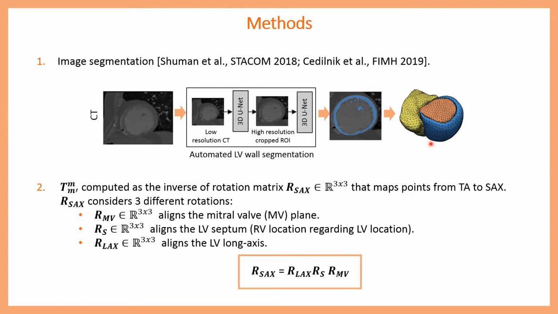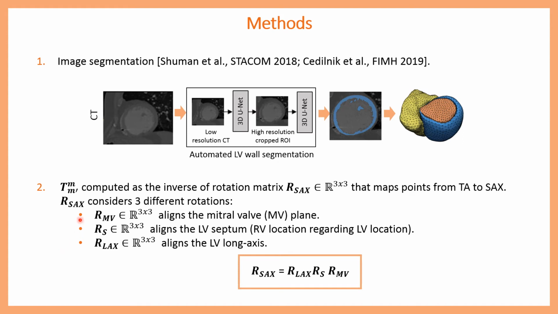We use these meshes to compute the transformation T sub M' to M. This transformation is computed as the inverse of the rotation matrix R sub SAX that maps points from transaxial to short axis. This matrix considers three different rotations.